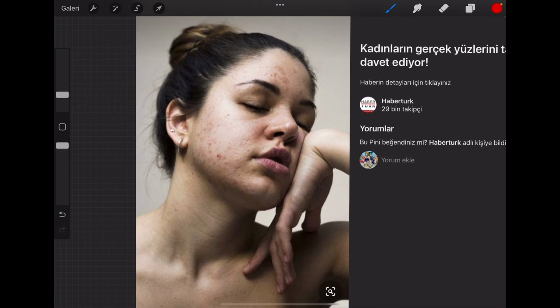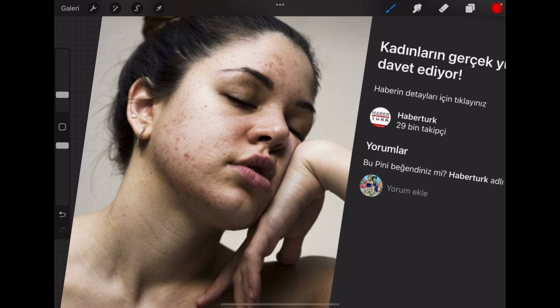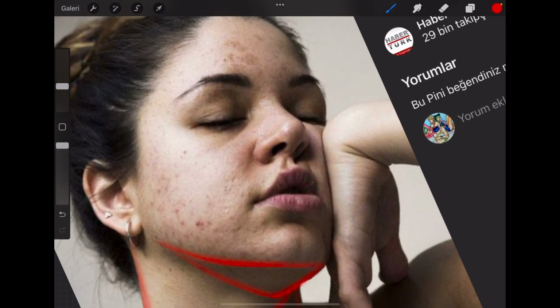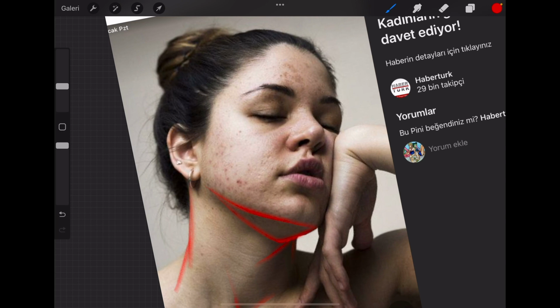So what I'm gonna do now is to go over the planes. It's like a low poly 3D model. I'm just gonna try to go over them and really understand what's going on in here. Like, there is this plane, like this.